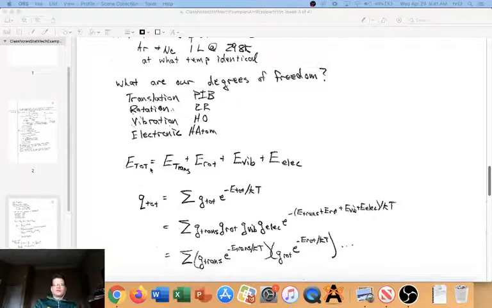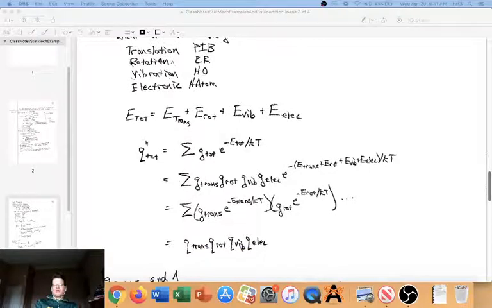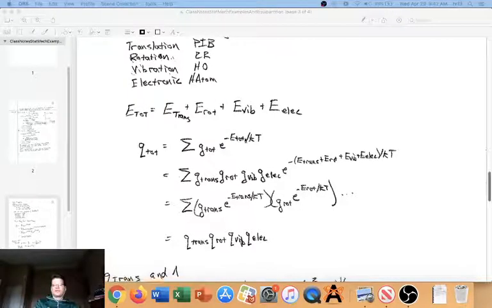So our total energy for the system will be the sum of our energies, and these are all things that we have eigenvalues for: translation, rotation, vibration, and electronic. The total molecular partition function will be the sum over the degeneracies and then e to the negative total energies.